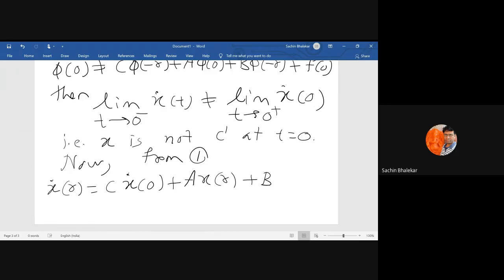Phi of 0 is the same as x of 0, okay? Plus f of r.